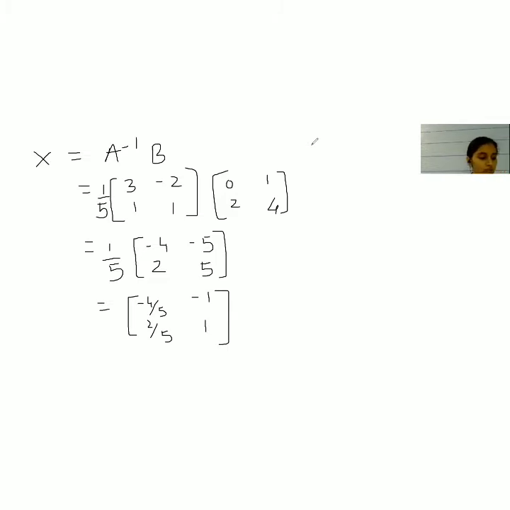Yes, so this is clear. How to find X? You have to multiply both sides by A inverse and that is your answer. Let's go to the next one now, the 12th one. What is the 12th question? If it's a similar type, we'll skip it. The 12th is: find X if AX is equal to B, where A is given and B is given.